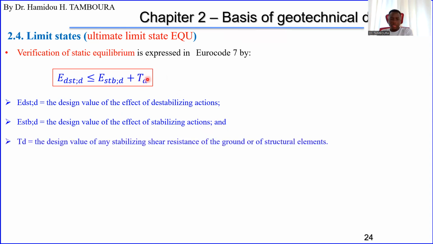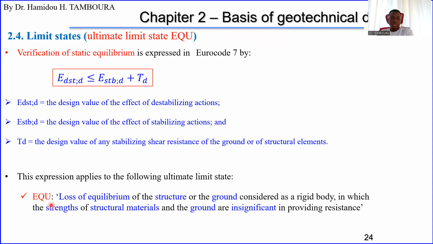And this Td is the design value of the stabilizing shear resistance of the ground or the structural element. To check the stability, we should make sure that the left side is less than the right side.